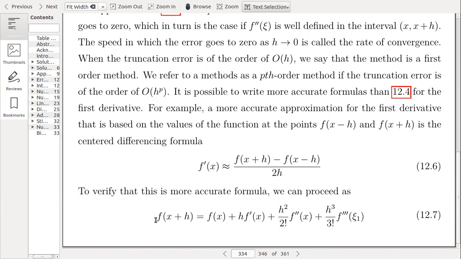Let's take the Taylor series expansion of f of x plus h, which can be written as f of x plus h f prime of x plus h square over 2 factorial f double prime of x plus h cube over 3 factorial f triple prime of xi1.